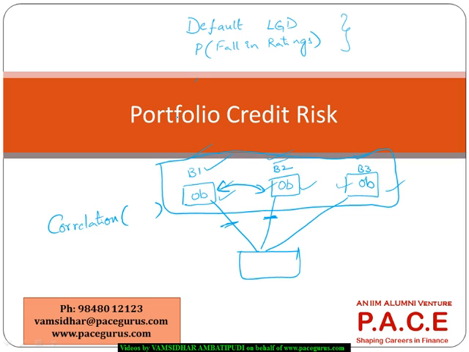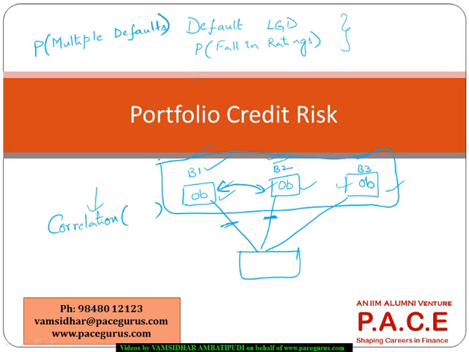All these things have to be understood, and that is where we are trying to measure this default correlation. It's a measure talking about the probability of multiple defaults in this portfolio. What is the probability of multiple defaults occurring at a point in time itself?